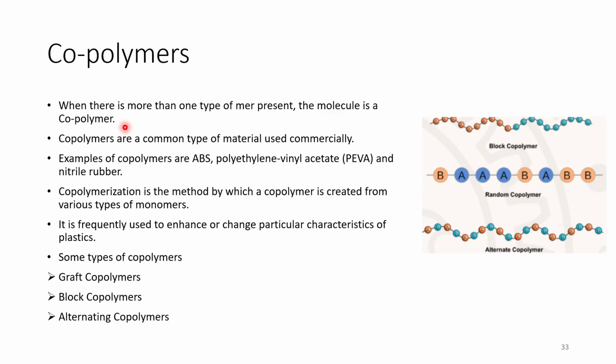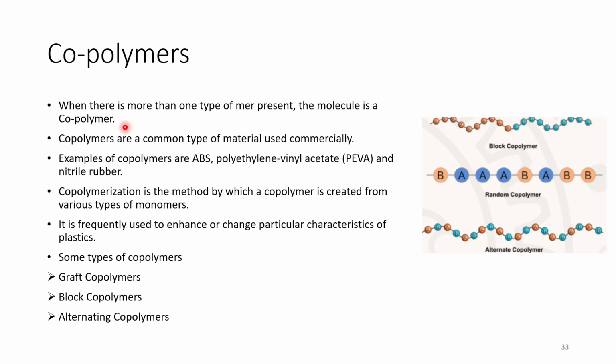Examples of copolymers are ABS, polyethylene vinyl acetate, and nitrile rubber. The copolymerization is the method by which a copolymer is created from various types of monomers, and it is frequently used to enhance or change particular characteristics of plastics.